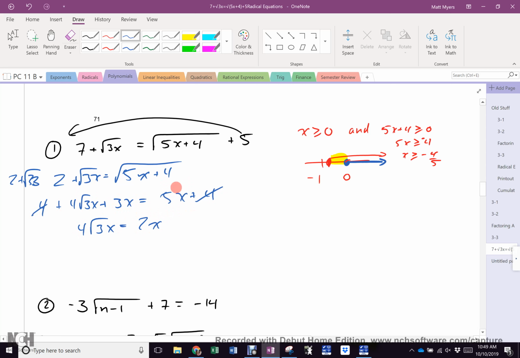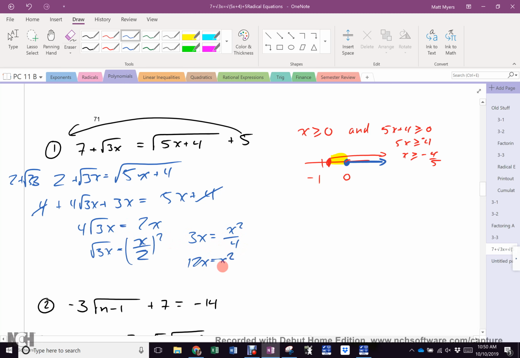The 4's cancel. I never canceled 4's. I moved them. Root 3x equals 1x over 2, because I divided both sides by 4. Square both sides. 3x equals x squared over 4. Because I'm squaring, and then I'm done at 12x equals x squared.